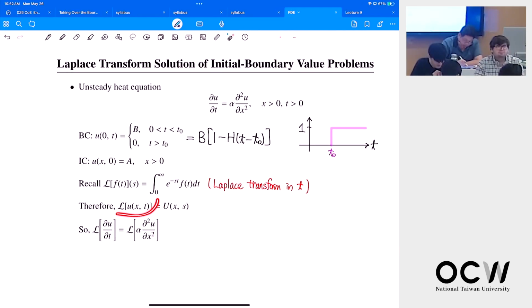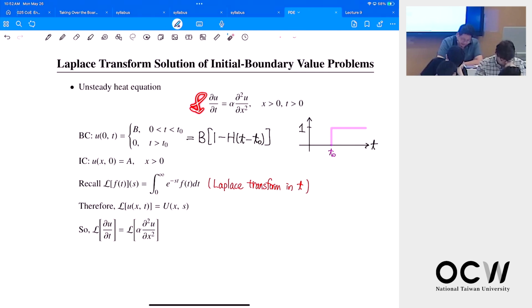So when you take the Laplace transform with respect to t, the time becomes the s domain. x is still the same. I only transform the time to s.